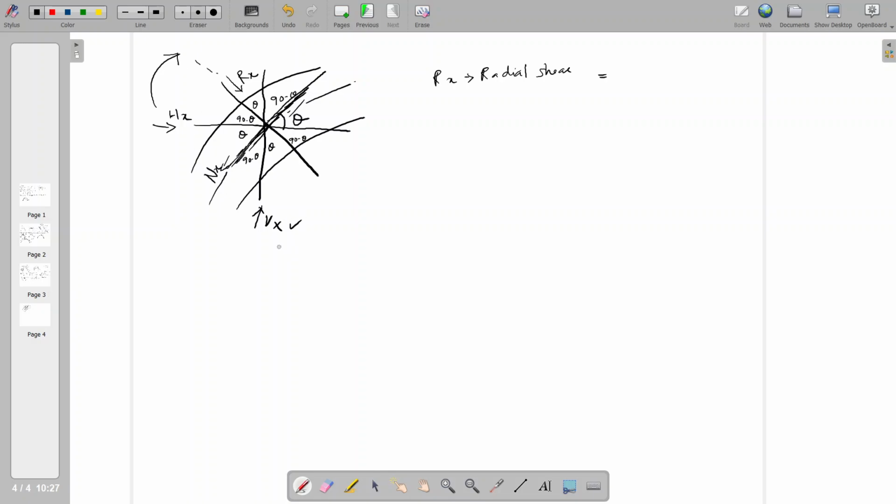Hx and Vx are both opposite, because if you rotate Hx it is the downward direction, and Vx if you rotate it is the upward direction. Here the angle is theta, here it is 90 minus theta. If you put cos to this theta, 90 minus theta is the sine angle. So I can write Vx cos theta minus Hx sine theta, that is Rx.